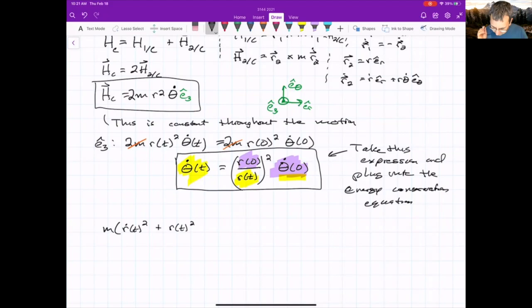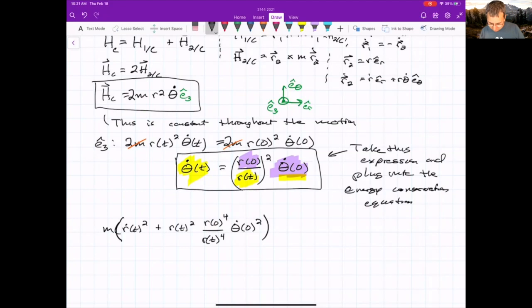And now we had theta dot squared. So that means square this thing. R at the initial time, that's going to be to the 4th power over R at this current time to the 4th power theta dot at the initial time squared. I got to get my parentheses right here.